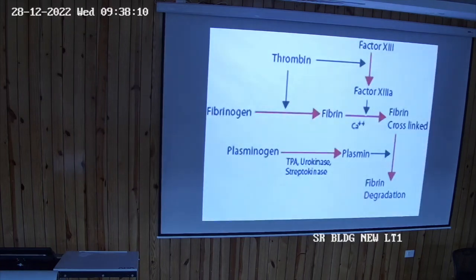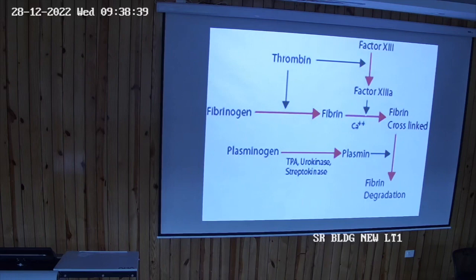Now once the cross-linked polymer fibrin is formed, the clot has to be retracted. The vessel has to get repaired. The vessel is damaged, the endothelium is damaged, and now it has to repair. So for the repair of this vessel, the platelet comes into action and tries to pull the two margins of the damaged endothelium close together.